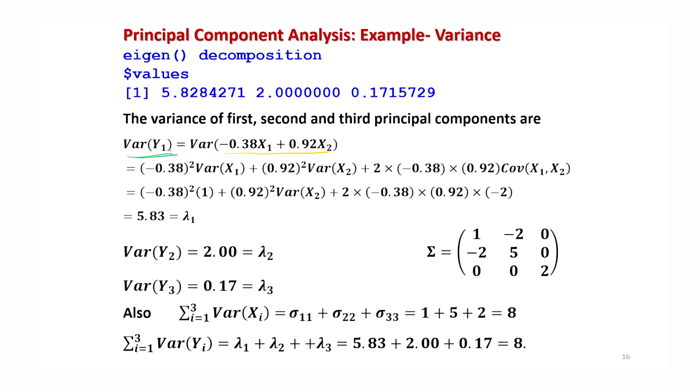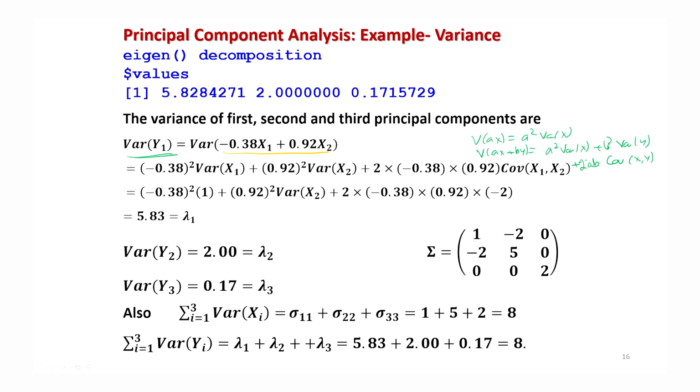Using elementary statistical methods, variance of ax is a squared variance of x, and variance of ax plus by is a squared variance of x plus b squared variance of y plus twice ab into covariance of x and y.